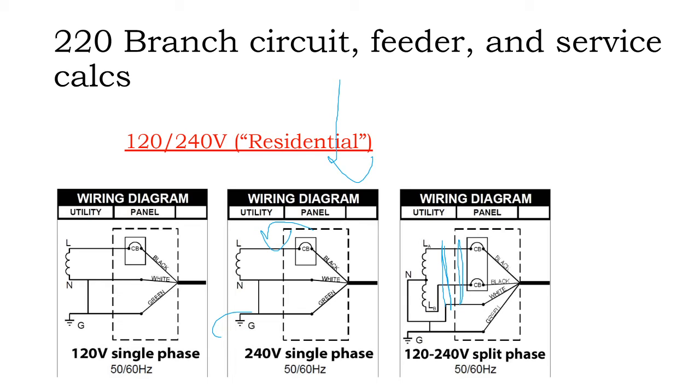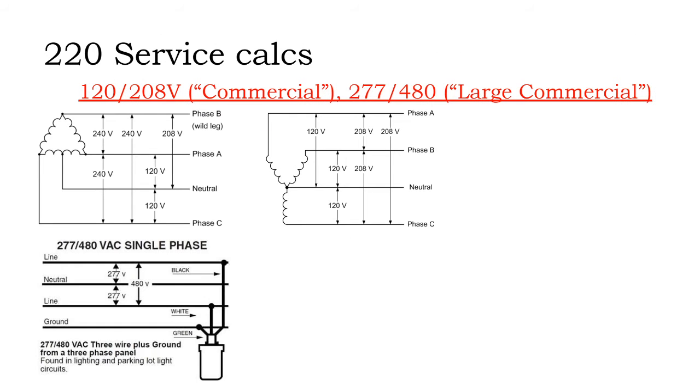Or you could just run your whole house off 120 volt circuits, and that's common for small homes, like individual one bedroom apartment buildings that might only have a 120 volt service.